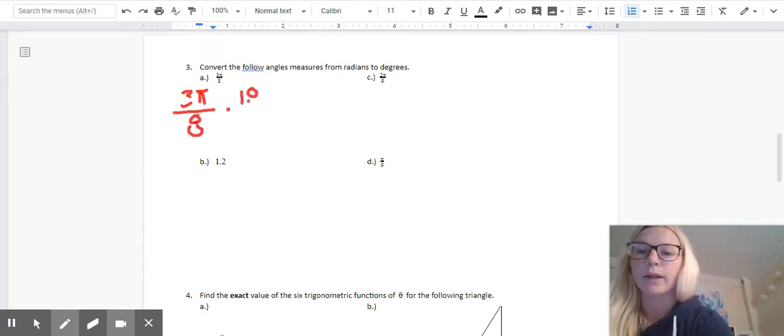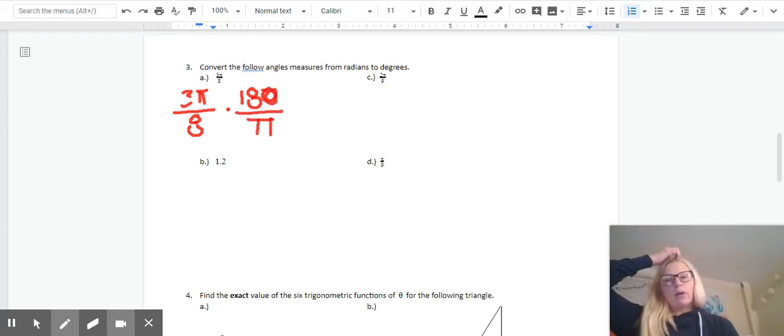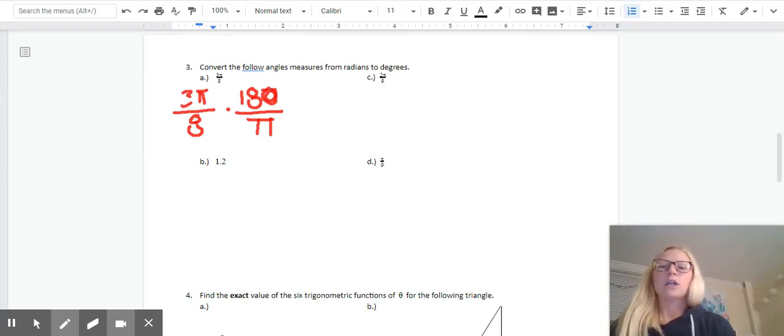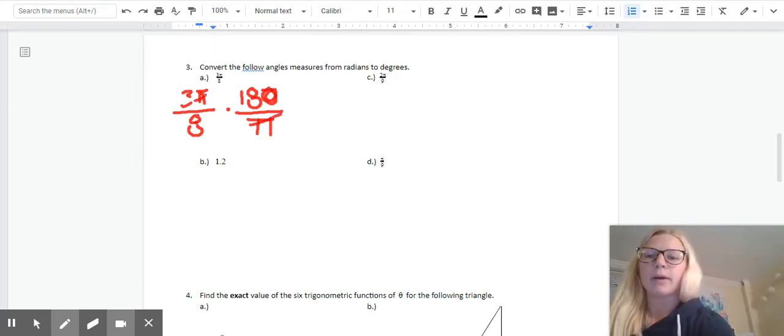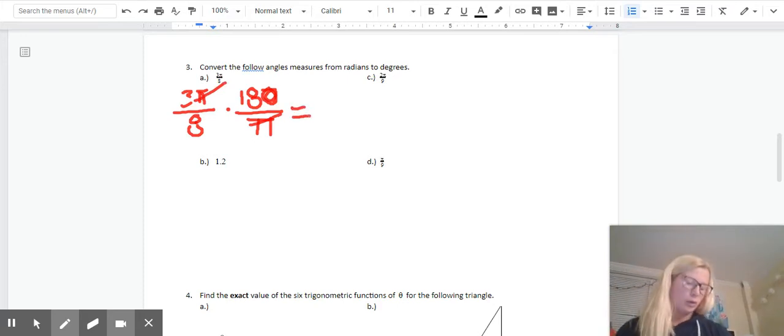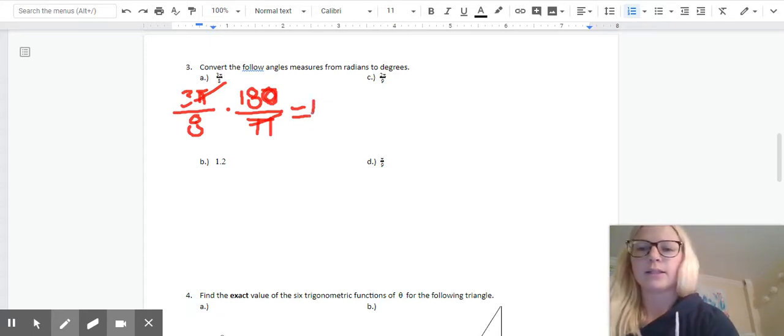Now we're doing 180 over pi. So first thing we're going to do, cancel out the pi's. There's a pi on the top and a pi on the bottom. And now we are going to go to our calculator, which in this case is my phone. And we're going to multiply 3 times 180 divided by 8. And we get 67.5.